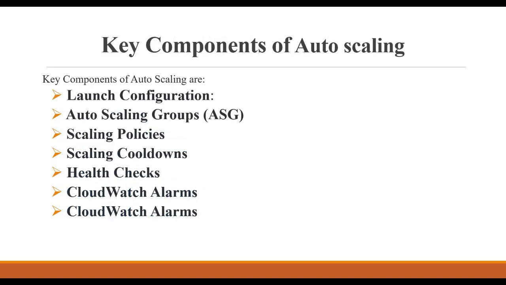The next is key components of auto scaling. The main key components of auto scaling are launch configuration, auto scaling groups, scaling policies, scaling cooldowns, health checks, and CloudWatch alarms. So let's learn one by one. Launch configuration. This is the set of guidelines for the instances that auto scaling will launch.